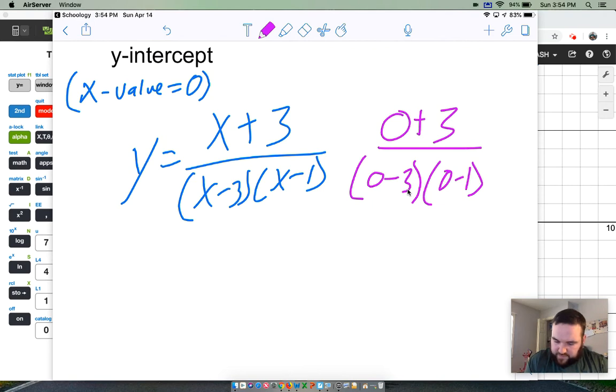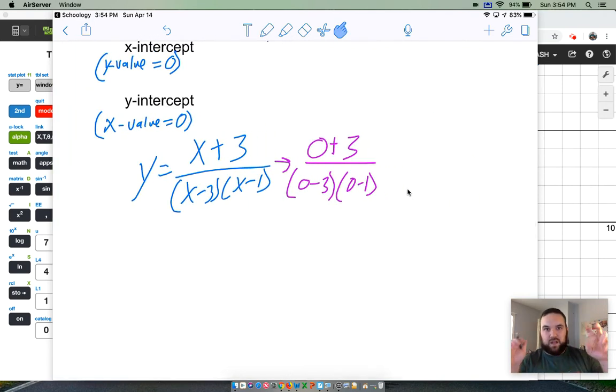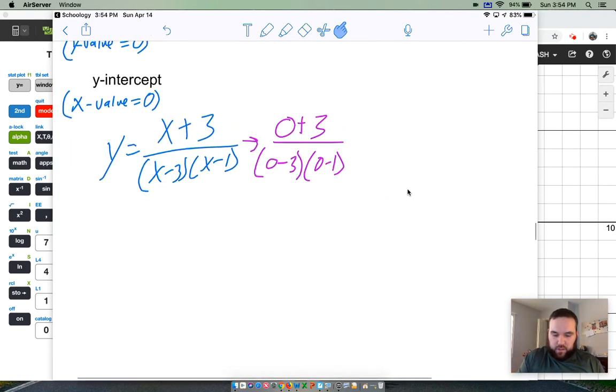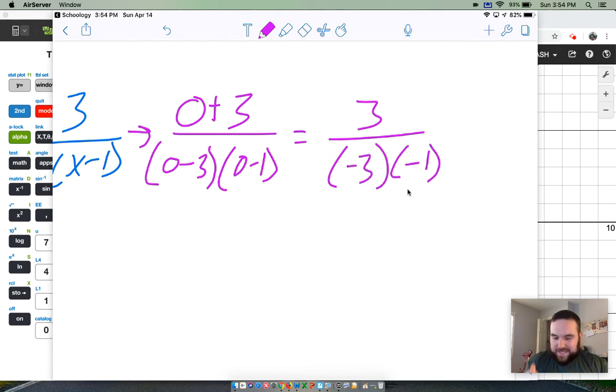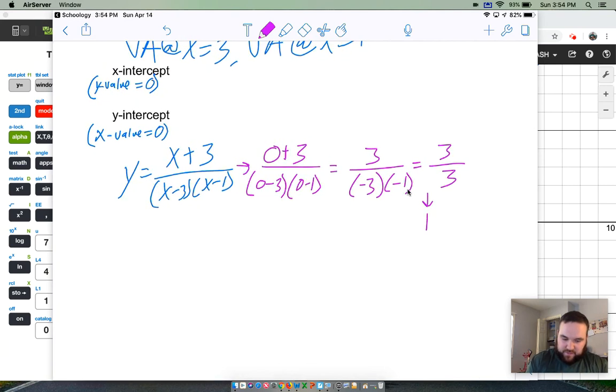So now this is what I need. It's solving, but it's really just simplifying. If I look at this, 0 plus 3 gives me a numerator of 3. And then on the bottom, I have negative 3 times negative 1, which is positive 3. Okay. And 3 divided by 3 is 1, which means that the y-intercept of this is going to be at (0, 1).